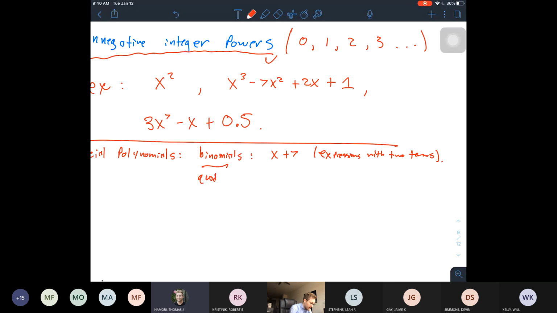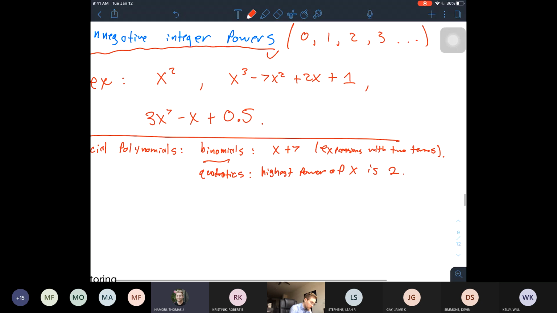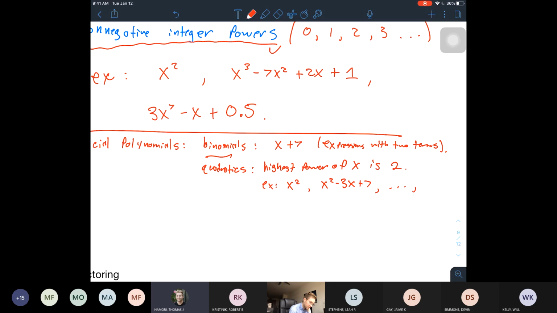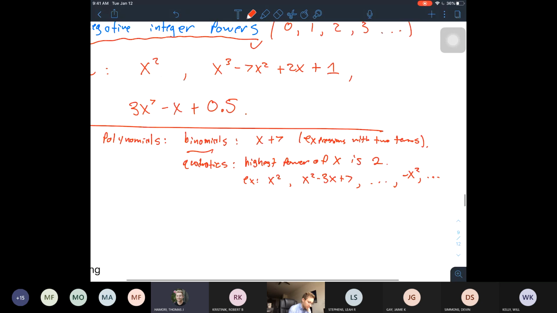Let's see, quadratics. The highest power of x is 2. So, for example, x squared minus 3x plus 7. Negative x squared is also a quadratic. Things like this.